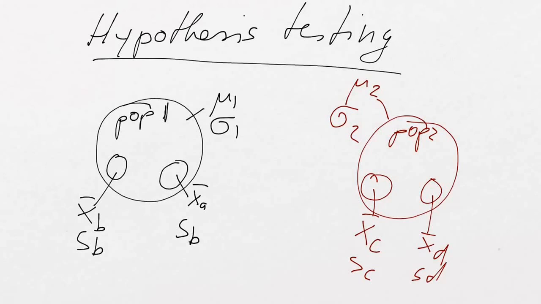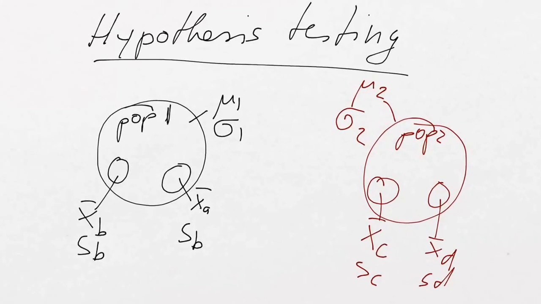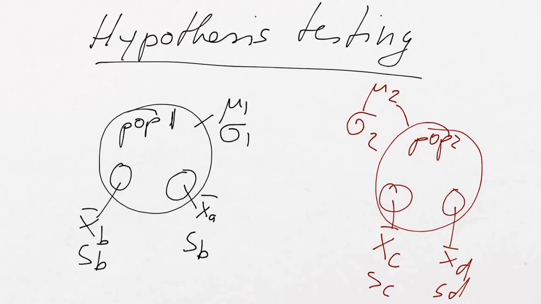Well, the way I've drawn it, no, definitely not. Even I can see that here's a population, there's a population. It doesn't look like they've got anything to do with each other. So, very clearly, it's not a big problem. We can say the populations are different.